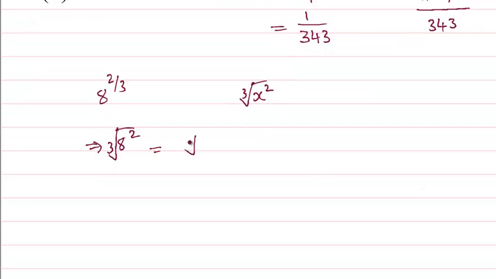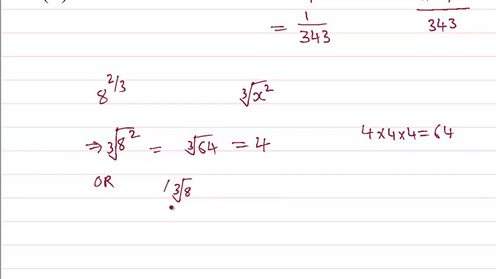So that is the cube root of 64. The cube root of 64, because 4 times 4 times 4 is 64, so therefore the answer is 4. Or we can do the other way around, we do the cube root first, then we square it.